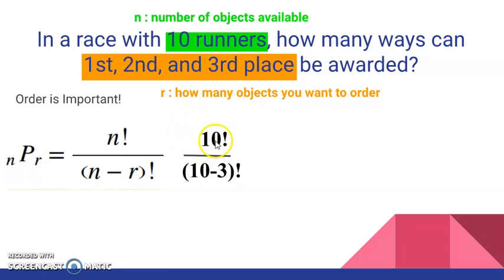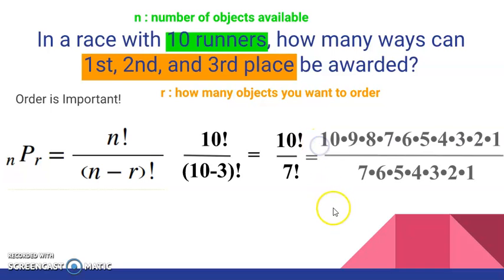10 factorial for 10 runners, divided by 10 minus 3 factorial on the bottom. Now, of course, 10 minus 3 is really 7 factorial. So I remind myself what a factorial means. Of course, that means 10 times 9 times 8, 7, 6, 5, 4, 3, 2, 1. Same thing with the 7: 7, 6, 5, 4, 3, 2, 1. But remember what happens right here.